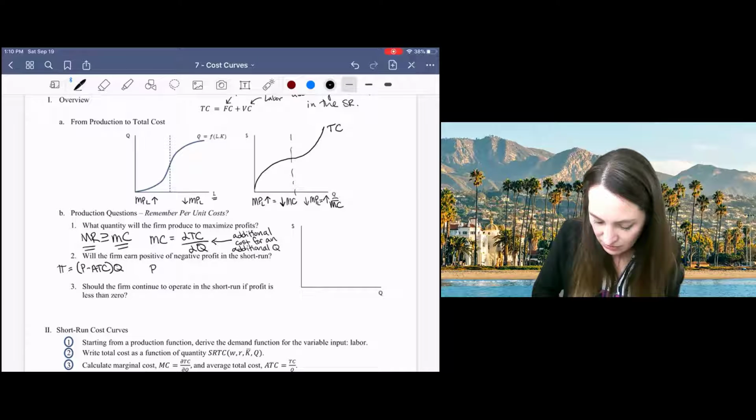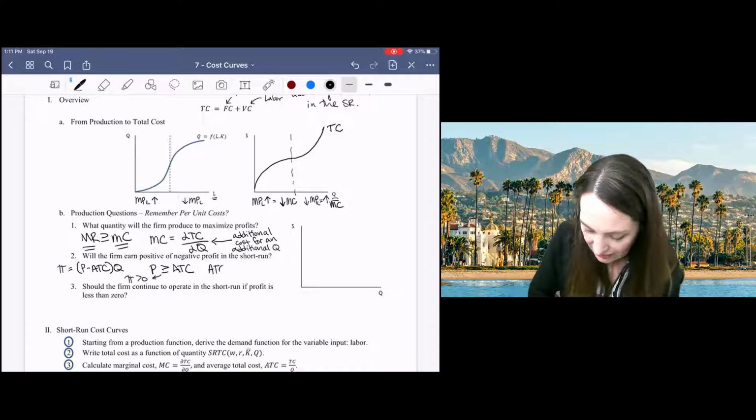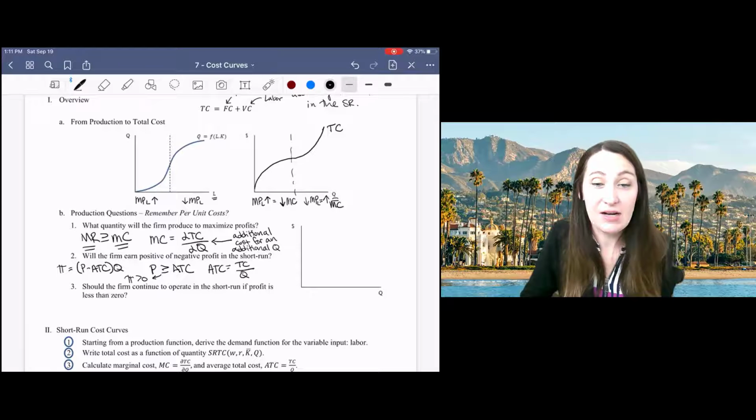So if your revenue per unit, your price, is greater than your cost per unit, then profits will be positive. And average total cost is equal to total cost over quantity. Again, it's the per unit cost.